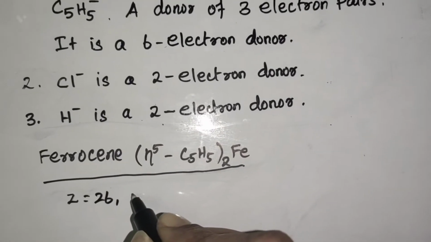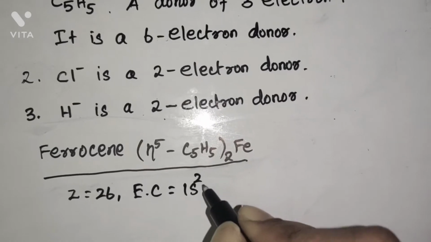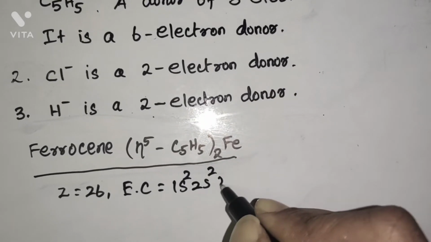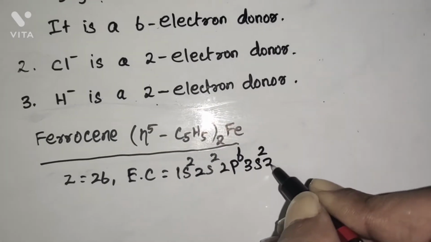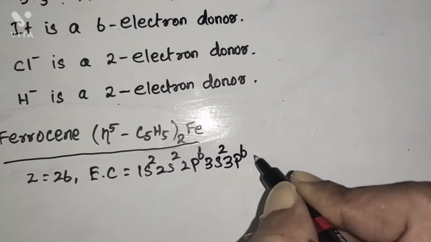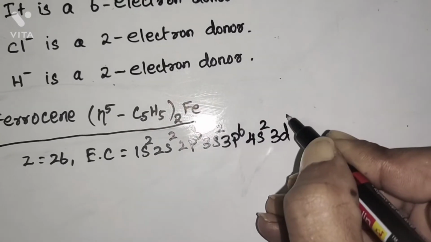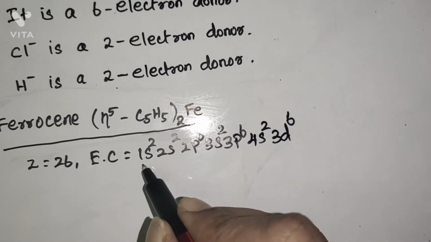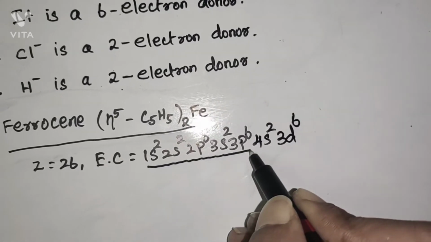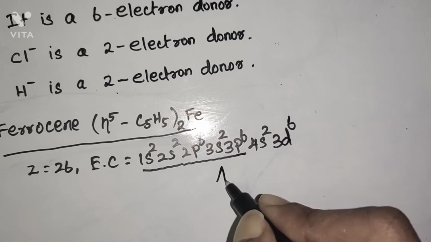Therefore, the electronic configuration will be 1s2, 2s2, 2p6, 3s2, 3p6, 4s2, 3d6. Now, these 18 electrons are equal to the noble gas argon.